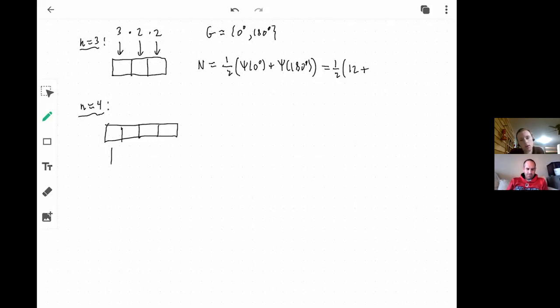So would it be 6? Yes, because you would just go 3 for the leftmost one, followed by 2 for the middle, and then the last one would be determined, yeah? Because that thing's in a little 2 cycle with the outside element, right? Right. So 6. Okay, so this thing is apparently 9 because it's 18 divided by 2.